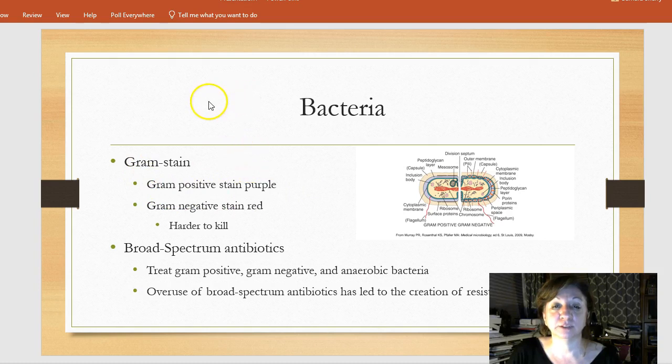And then here's a bacteria. Think about back in your microbiology days and gram staining. Gram-positive stains are purple, gram-negative stains turn red, and they're harder to kill.